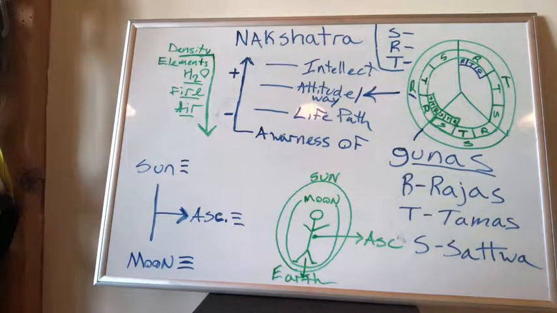So here we have this person who has generally a sattvic tendency mentally or intellectually, and a very enthusiastic attitude in life towards material things. So a mind that's going to make good decisions with great enthusiasm towards material things.